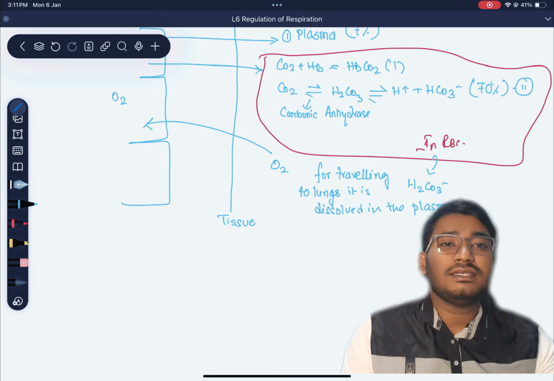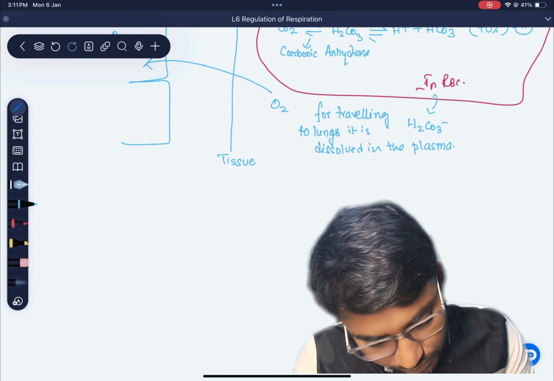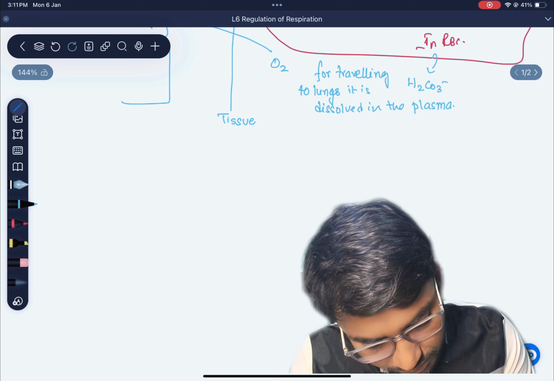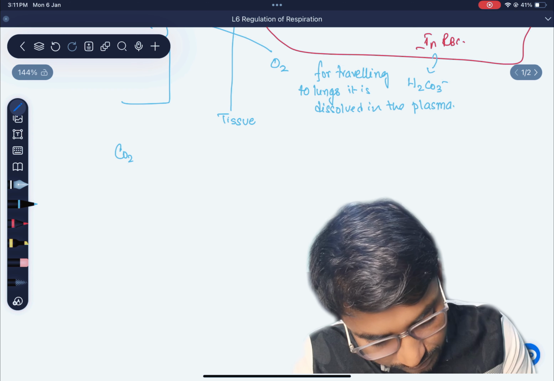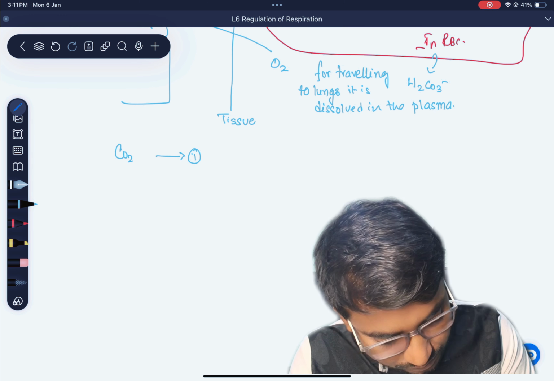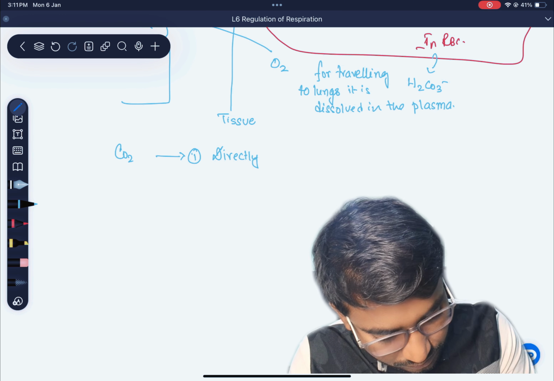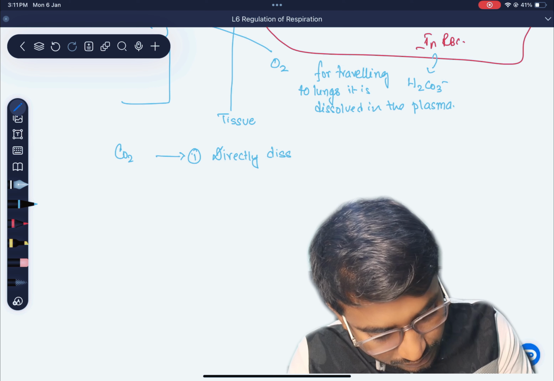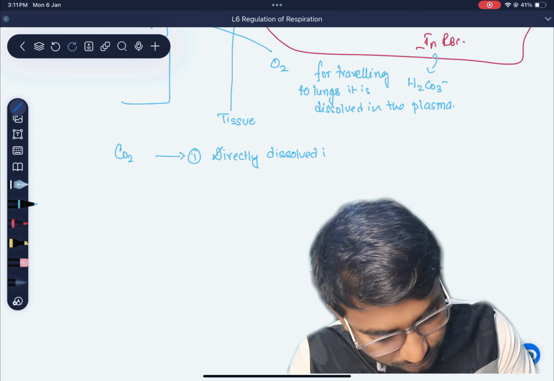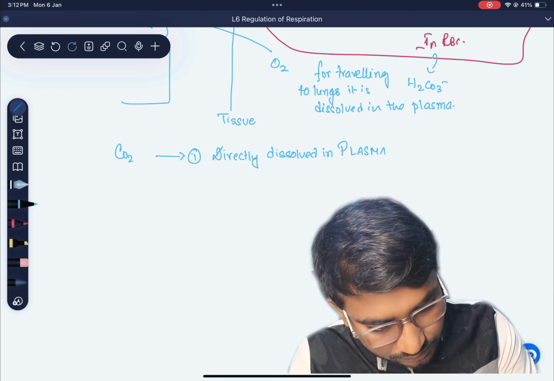Now, CO2 is transported in three ways. First, directly dissolved in plasma, that is 7%.